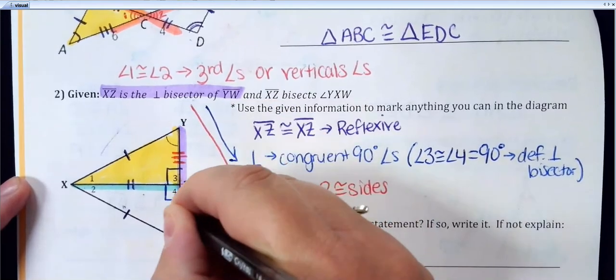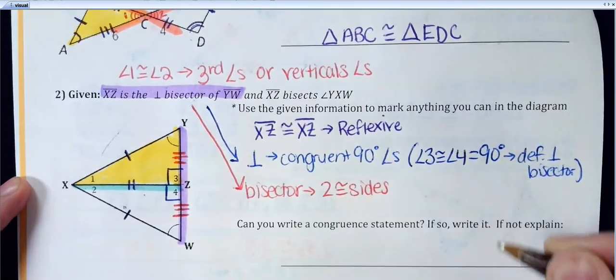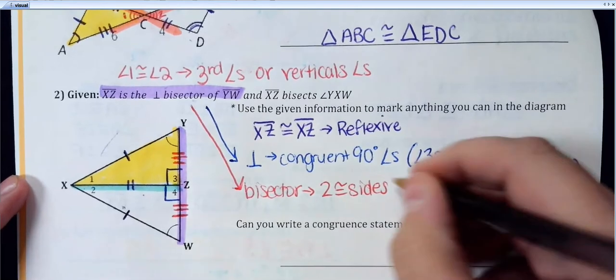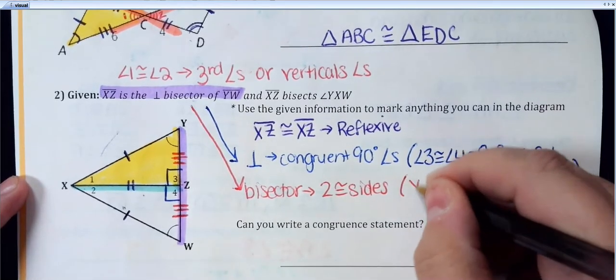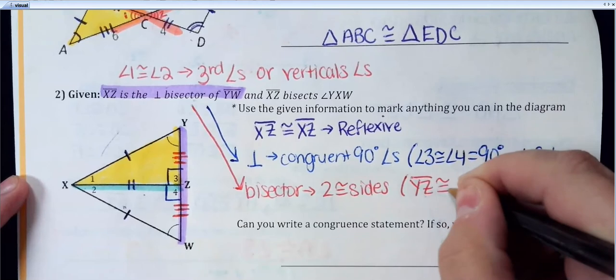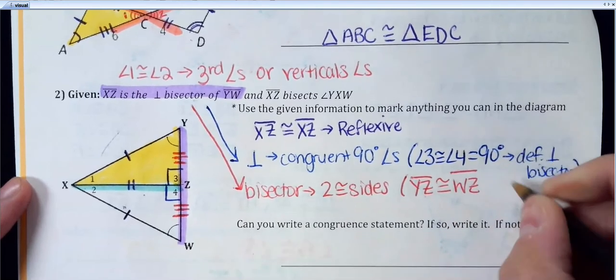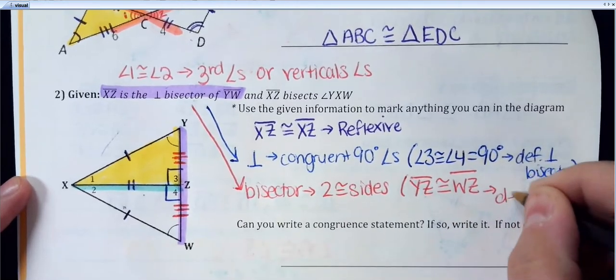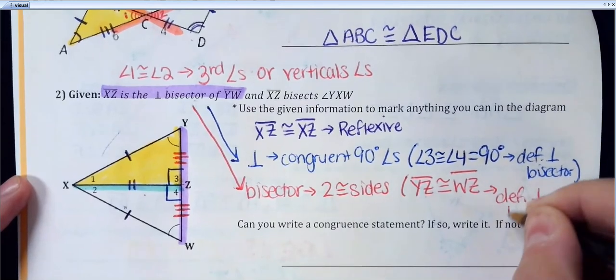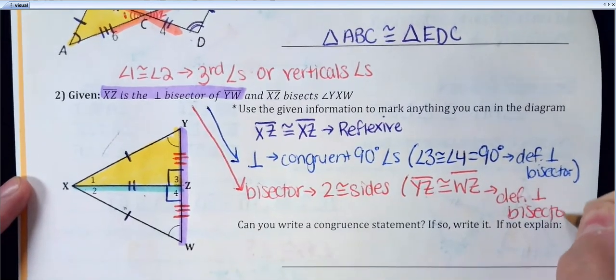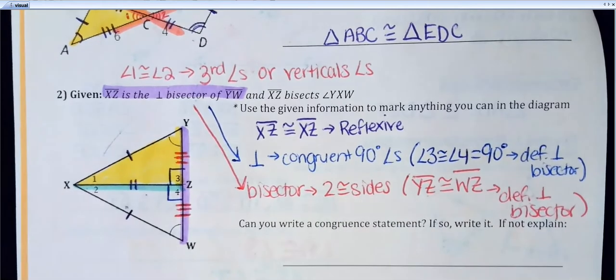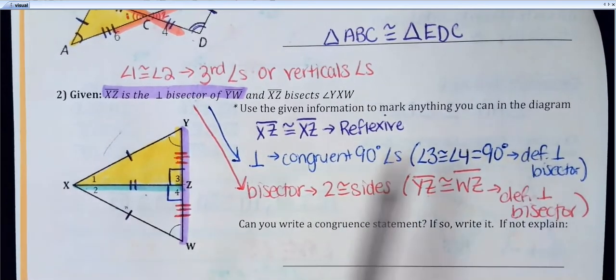So where Z is, on either side of that, those two segments have to be equal. So for this picture, YZ is going to be congruent to WZ. And my defense for that would be definition of the perpendicular bisector again. The bisector part is what gives me the two segments. The perpendicular part actually gives me the two 90-degree angles.